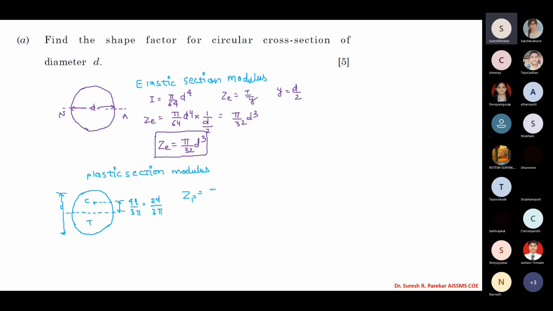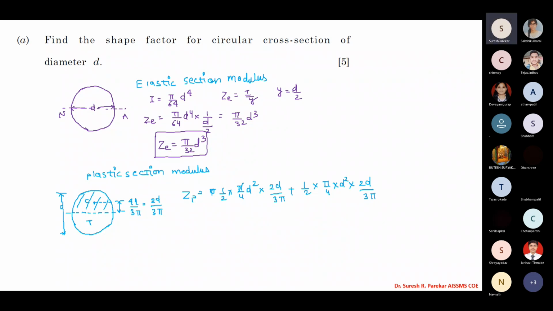Area will be pi by 4 into d square, half on compression side and half on tension side, into 2d upon 3 pi. And we have same on another side also, you can make twice also, pi by 4 into d square into 2d upon 3 pi.